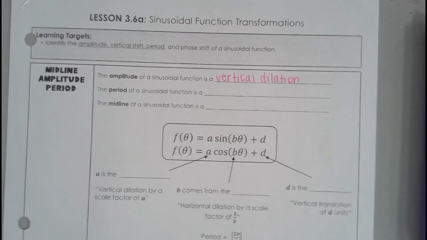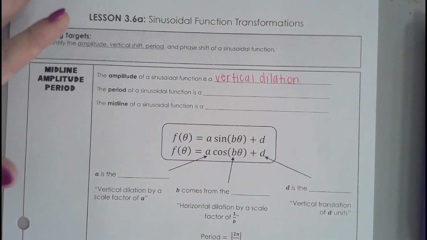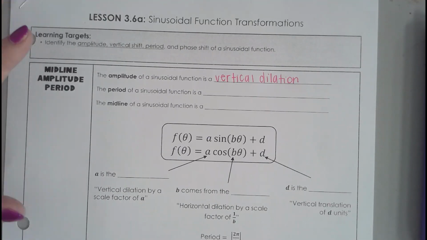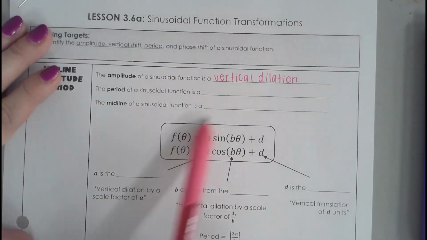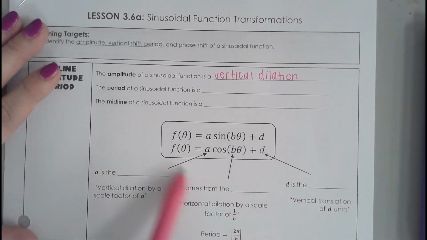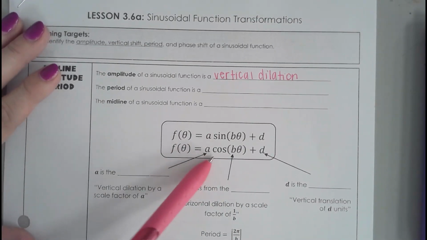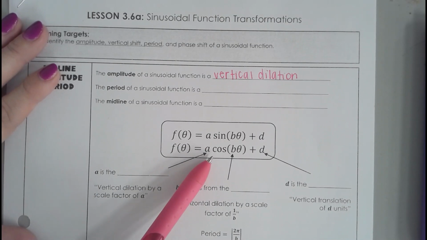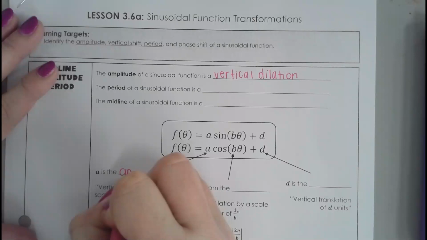That was really tough. If you think back to vertical dilations, those were always numbers that were multiplied in the front. Multiplied in the front was a vertical dilation. If we lay out a generic equation with sine and cosine, that number in the front, we refer to that as A, which is really nice because amplitude starts with A. So A is the amplitude.